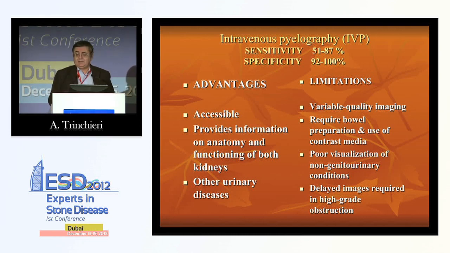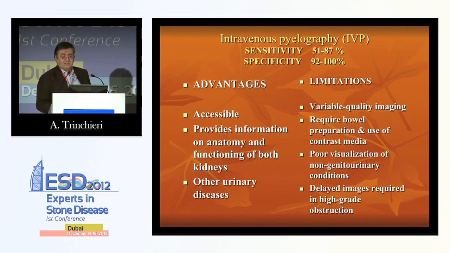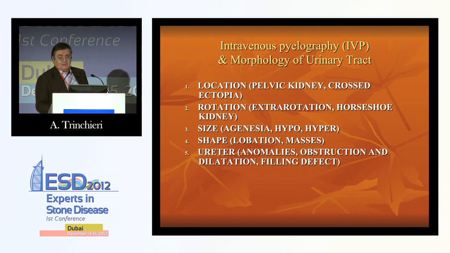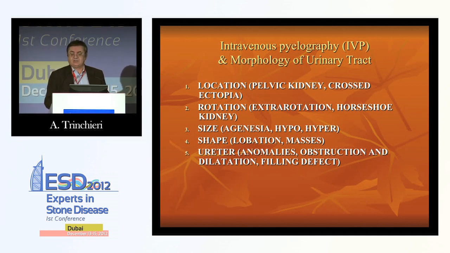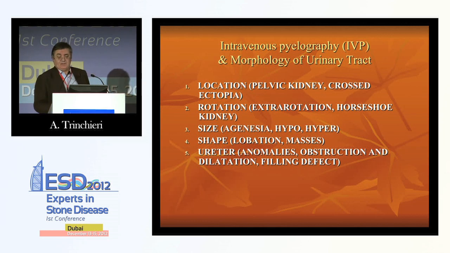And it involves also the use of contrast media, and so it exposes the patients to a possible morbidity, and requires sometimes delayed images when the renal function is poor. You can see that for the demonstration of the malformation of the kidney or of the ureter, the intravenous pyelography is a very good modality of imaging.